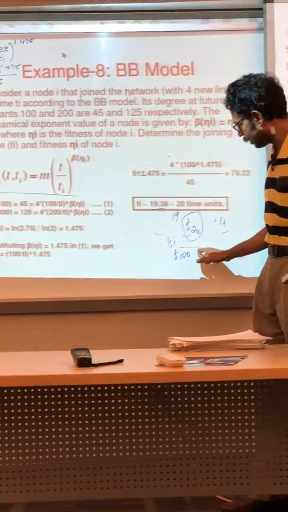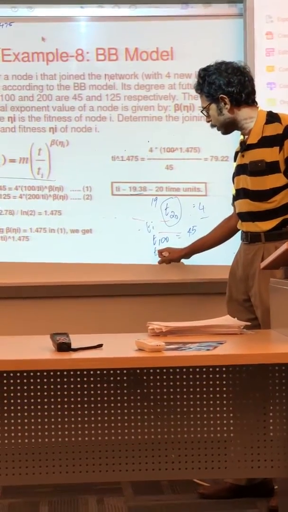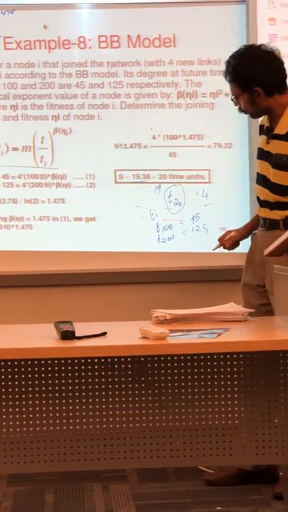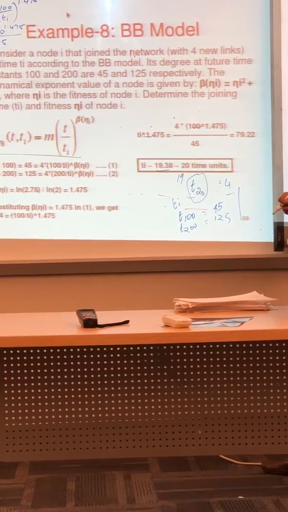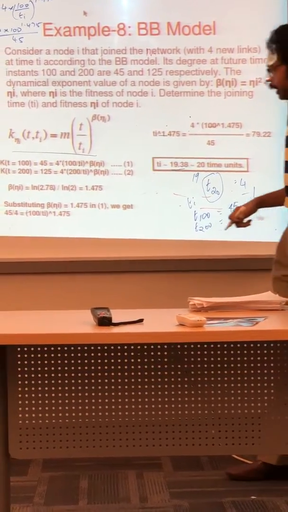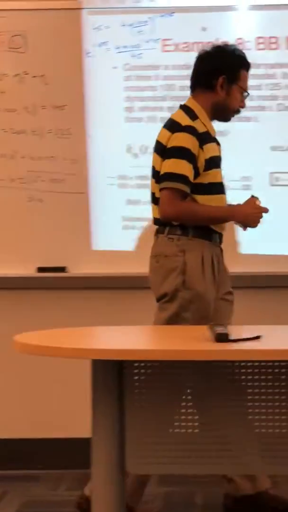So at time 100, its degree is 45, and at time 200, its degree is 125. So you could see the rate at which the degree grows slows down a little bit, and that is because, why? Eta is less than 1.